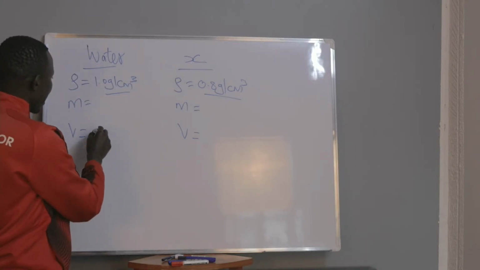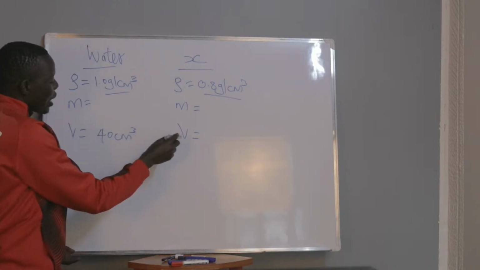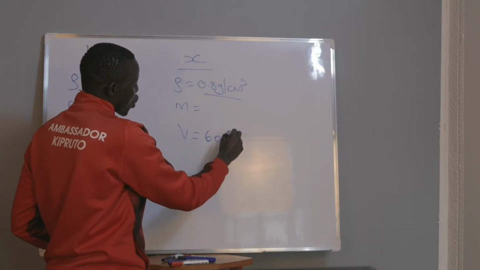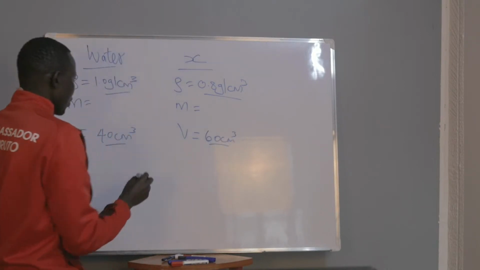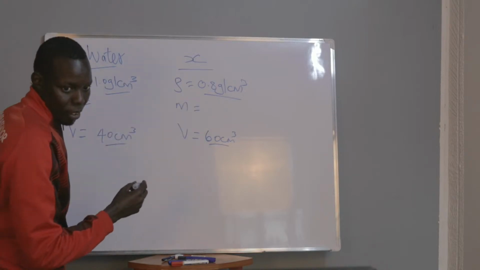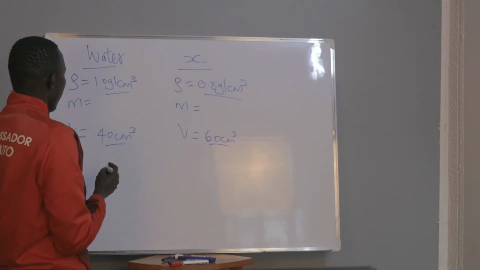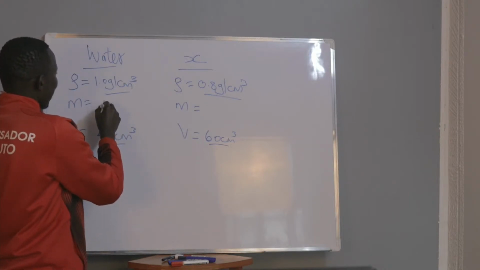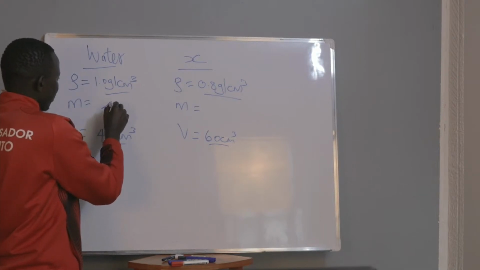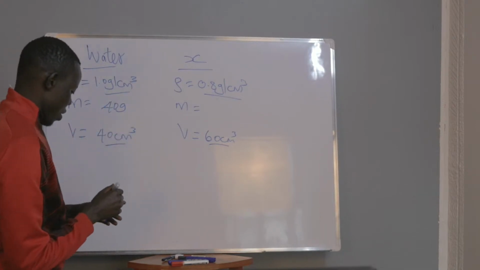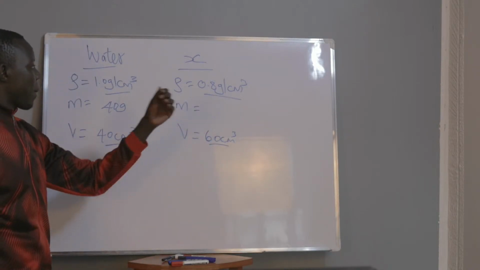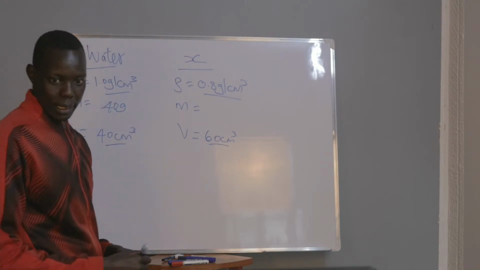Water is 40 centimeters cubic and the other one is 60 centimeters cubic. Now, let's get the mass of each of them. The mass of water is going to be 40 grams, because the density is 1 gram per centimeter cubic.